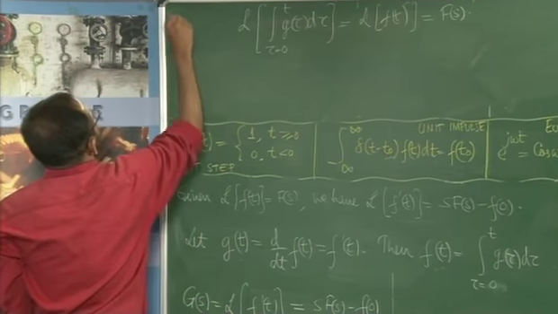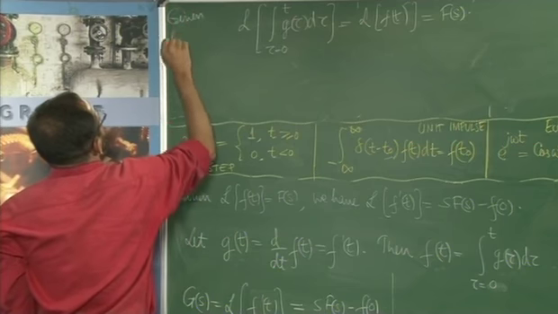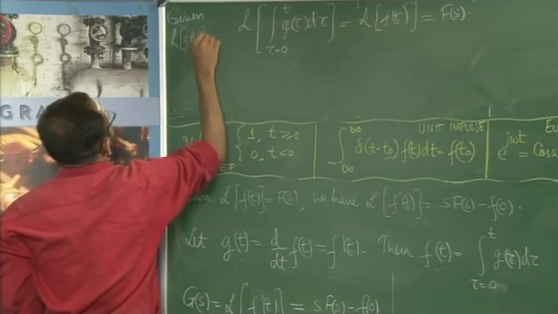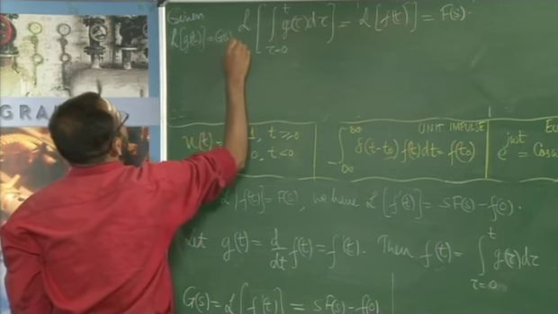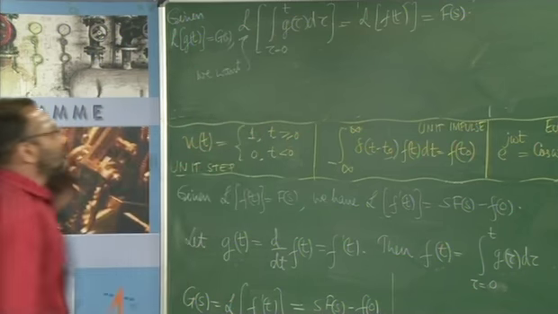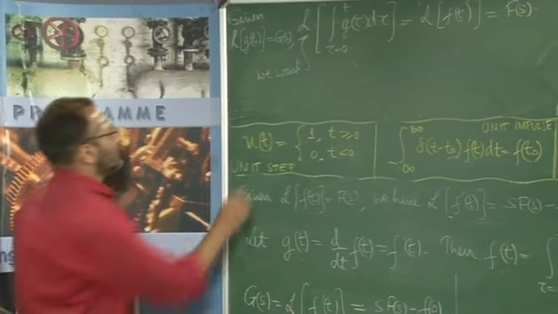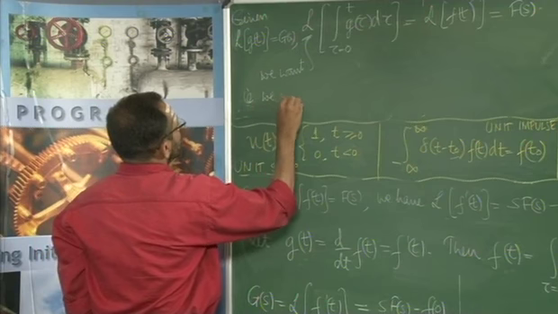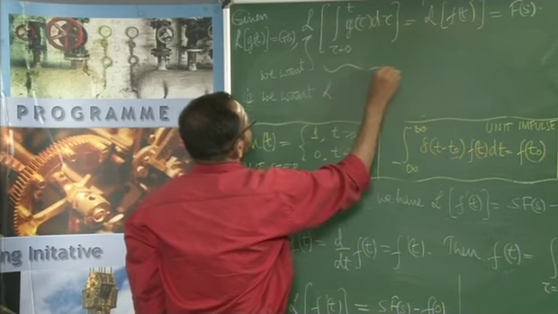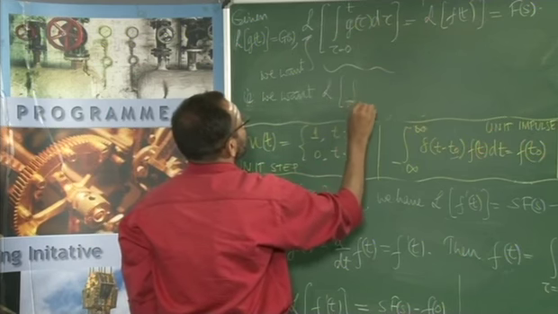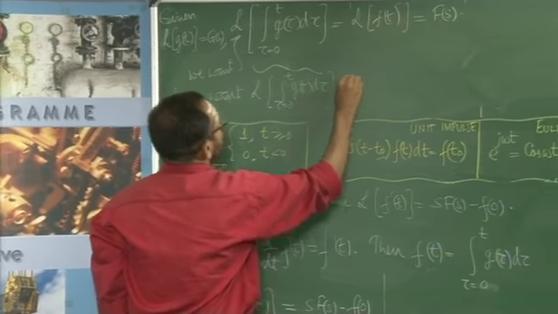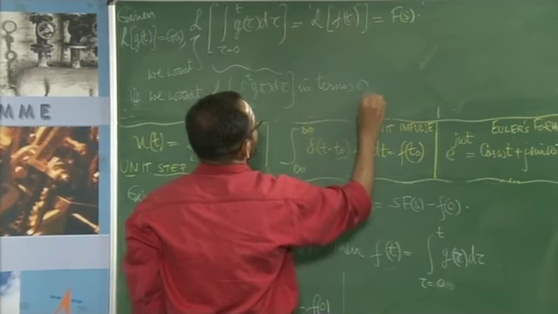Given the Laplace transform of g of t equal to G of s, we want that Laplace transform, all right, which means we want the Laplace transform of this integral, tau equal to 0 to t, g of tau d tau, in terms of G of s.